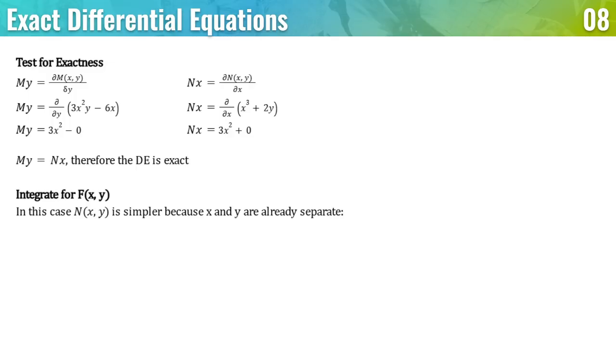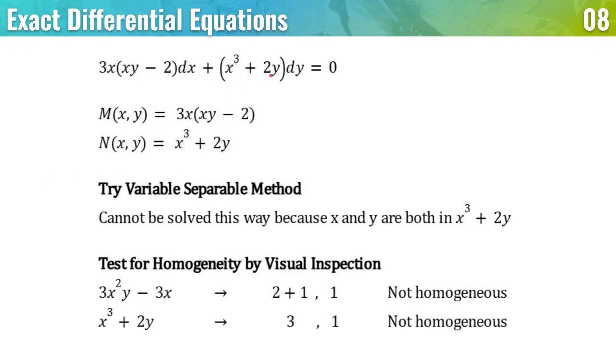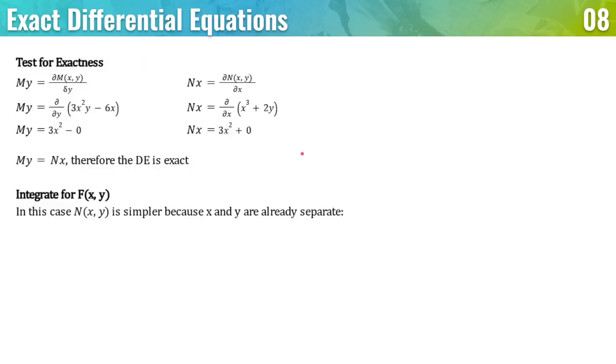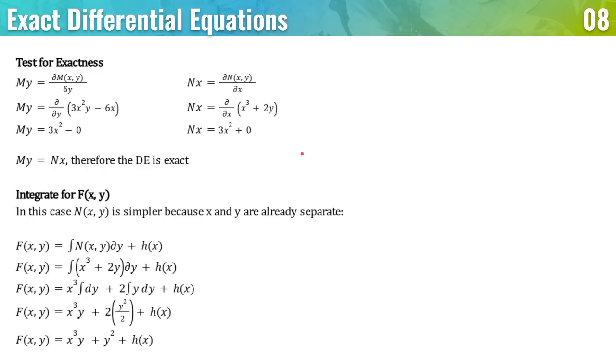In this case, we can use the simpler N here because in the other one, the xy is combined. So now it's time to integrate N, and we get, so we get 3, sorry, x cubed doesn't have a y, so it gets its own y, and 2y gets a square, and it also gets divided by 2.